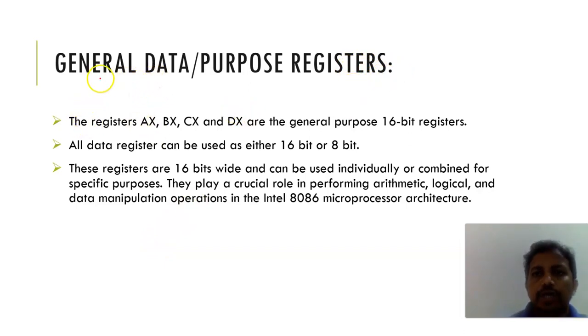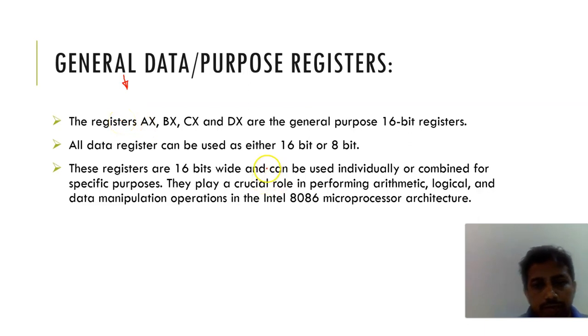Here, general indicates they can be used for any purpose, either for addressing or for storing data values. In 8086 programming you can utilize these registers to store the data or to give the address of one particular memory location.